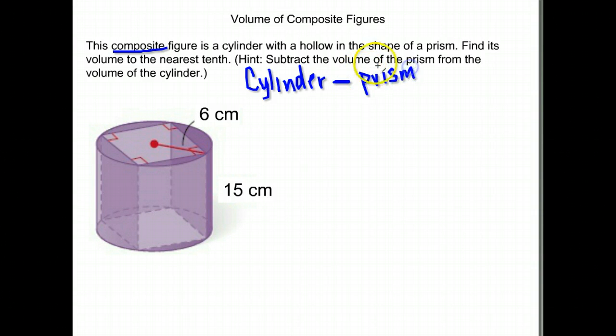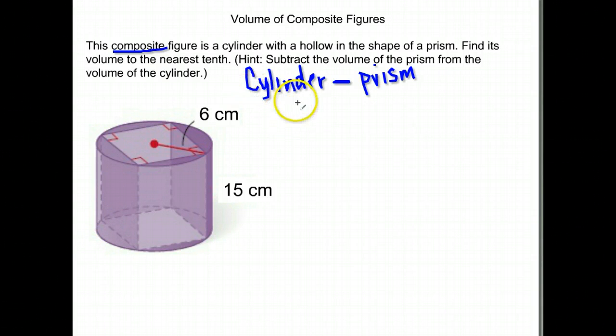So we're going to find the volume of the cylinder, the whole thing, and then subtract whatever the volume of that prism is out of the center, so that we can find out what's left over, which would be the volume of our actual figure there.